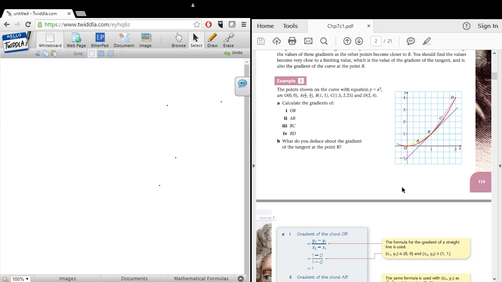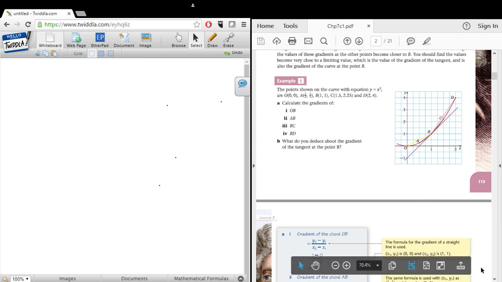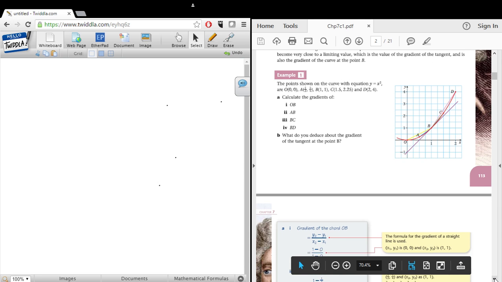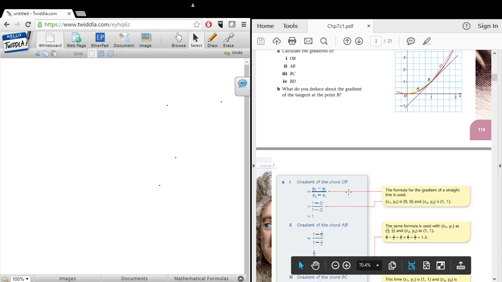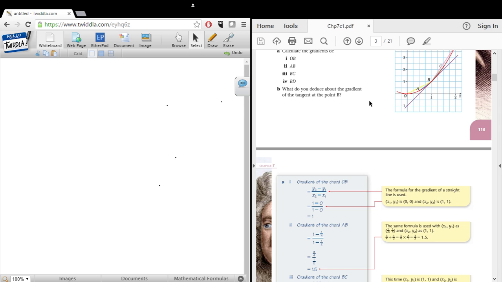Now again, this is very simple. Remember, all we need to do is employ the formula that we had beforehand, and we need to put in the coordinates. Very simple, very straightforward. What do you deduce about the gradient of the tangent at the point B?